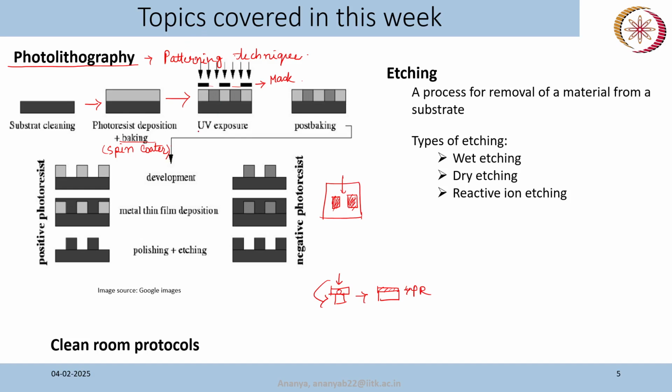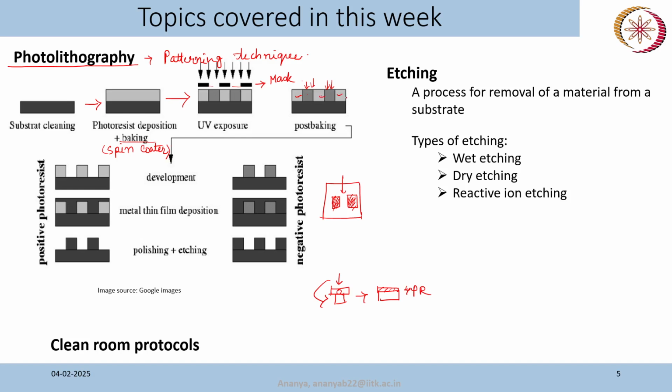So you use a UV exposure. There are different types of UV exposures, and the photoresist will change its property based on the wavelength of the light. Let's not go into the details, just remember that it uses UV exposure. After the exposure, you can see here in this portion light was incident, and in this portion light was incident, and light was not incident in this part of the photoresist.